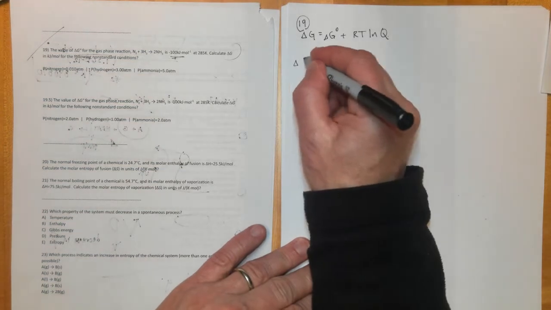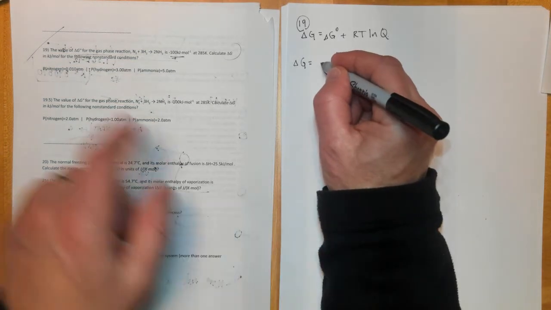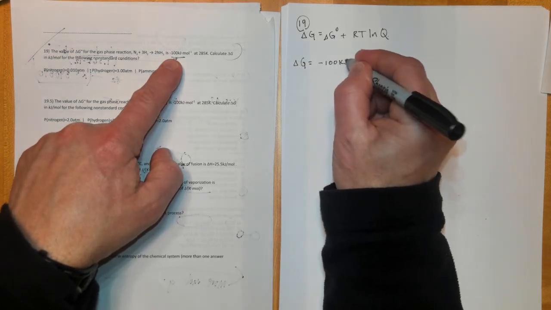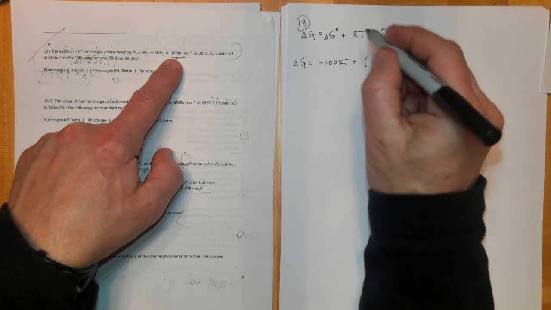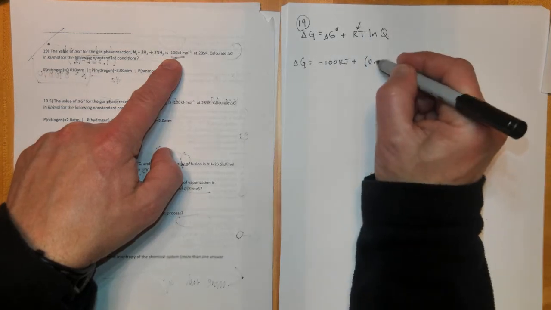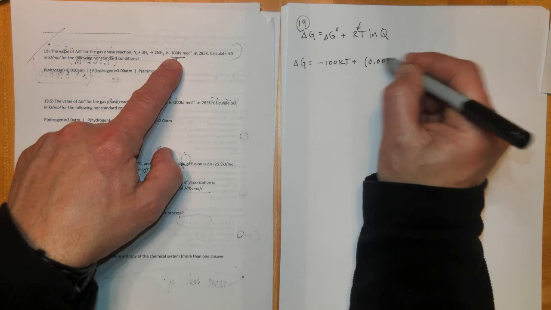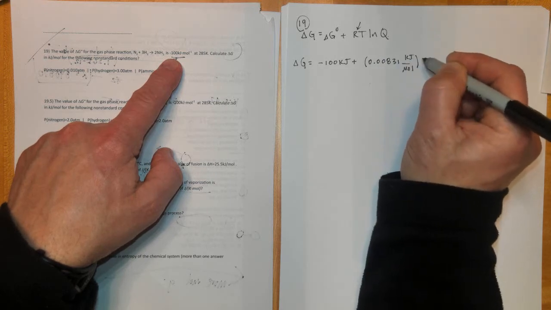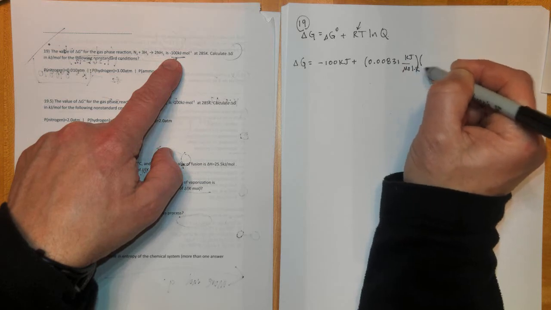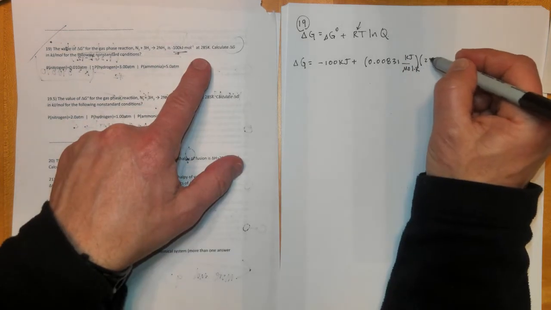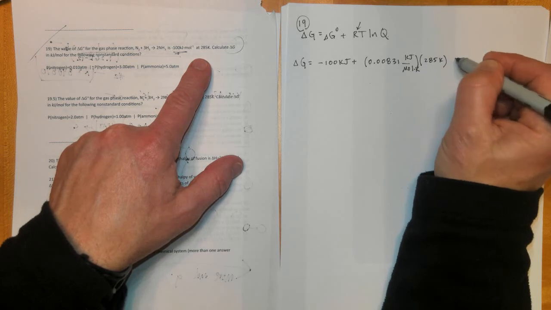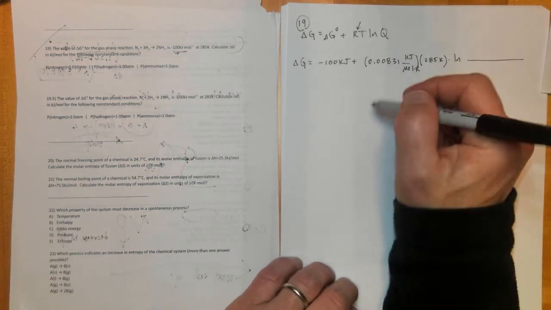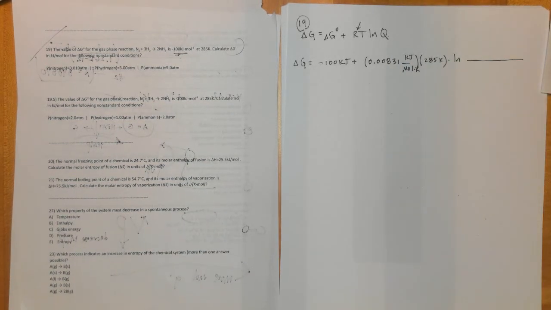And so filling in the numbers here, G is equal to the standard conditions G, which is negative 100 kilojoules, plus R, and remember R's got to be in kilojoules, so be careful of that, 0.00831 kilojoules per mole Kelvin, times the Kelvin temperature, which is 285, times the natural log of Q. And Q of course is products divided by reactants to the power of their coefficients.